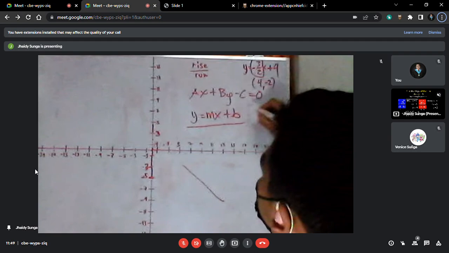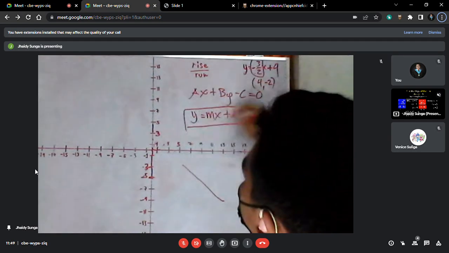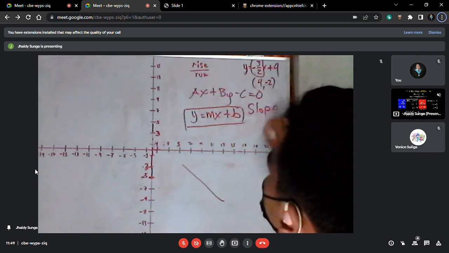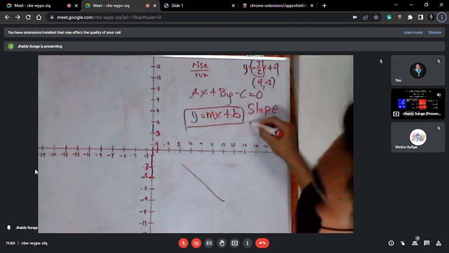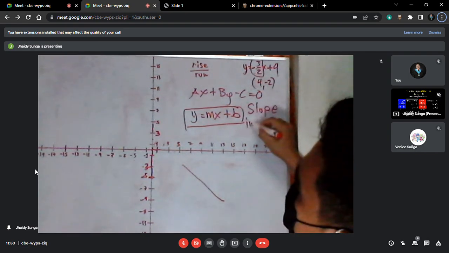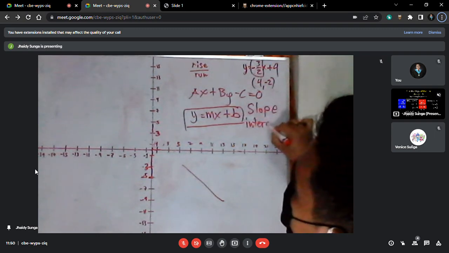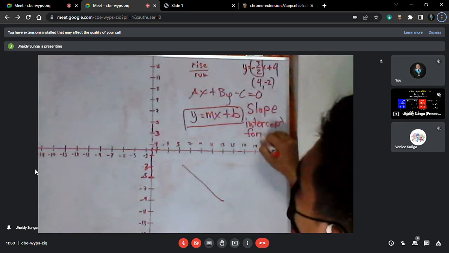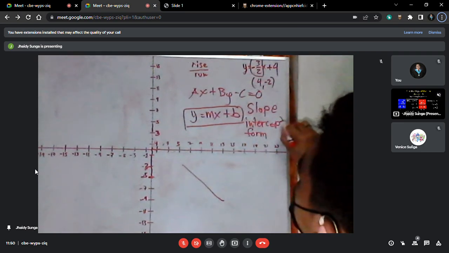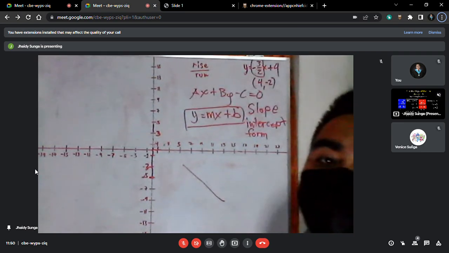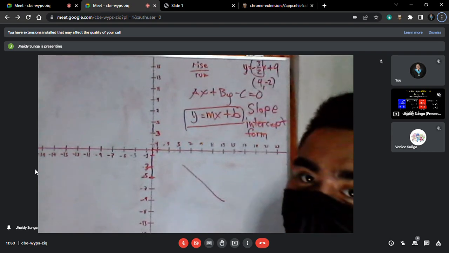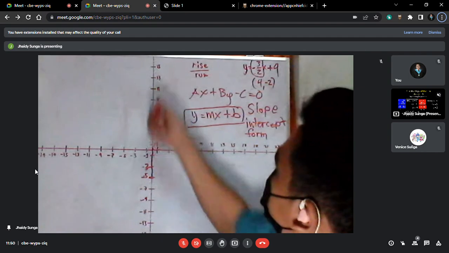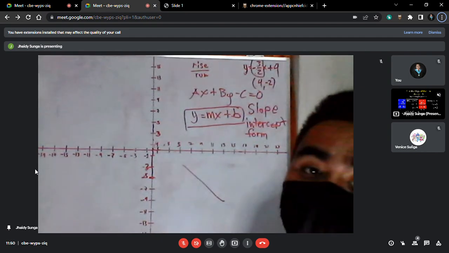If we say this equation, it is the slope intercept form. Alright, so this is the slope intercept form, and this is the general form.